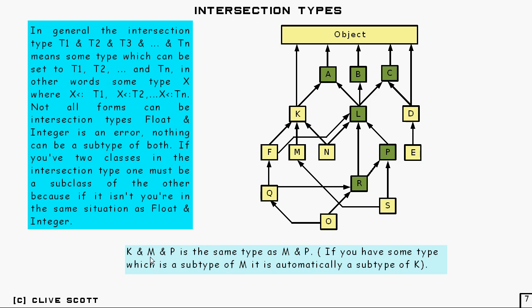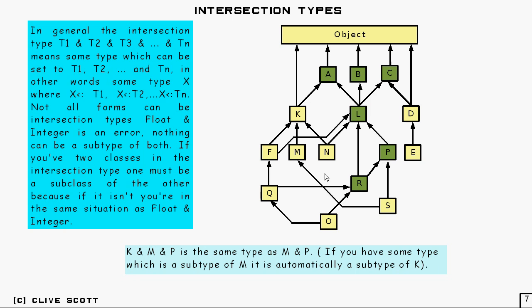And if we got something like K and M and P, then that's going to be the same as just M and P, because anything which is a subtype of M is also going to be a subtype of K. So the K is pretty redundant. So it's going to be the same type.